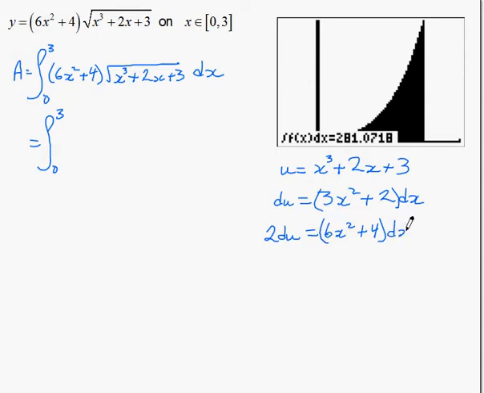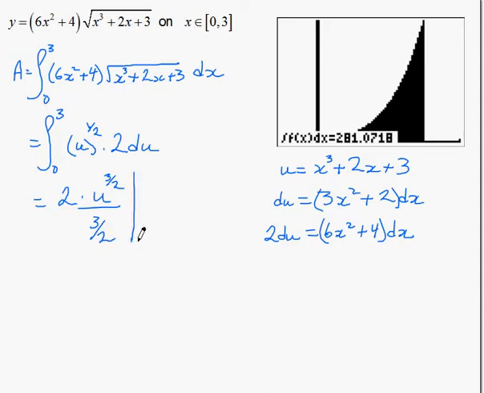Now we can substitute. So substituting 2 du for this piece, and u for the part under the root, we get u to the half times 2 du. We ignore the 2, so we're going to get 2 times u to the 3 over 2, over 3 over 2.